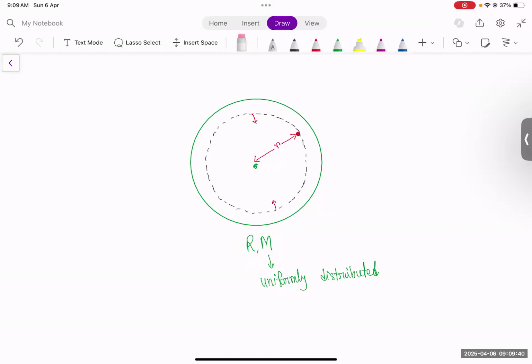So we can completely forget about the points outside, we don't need to worry about them, because by Newton's first shell theorem they don't exert any net force. So we just need to find the net force exerted by this part, this sphere.